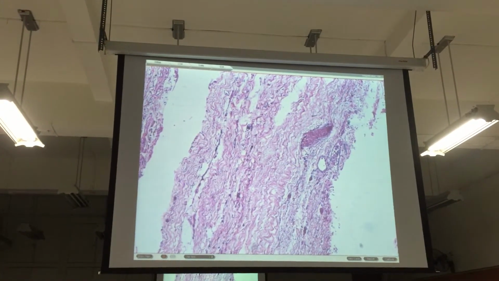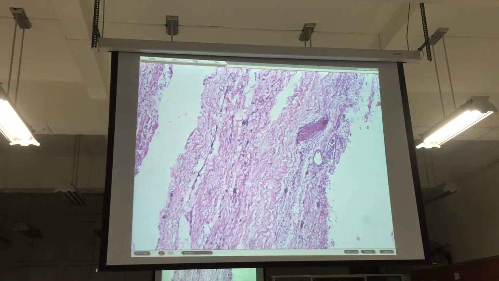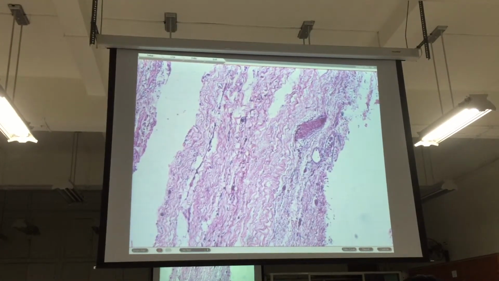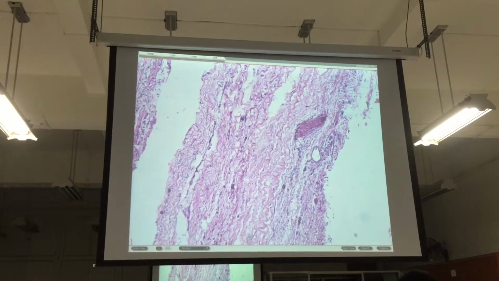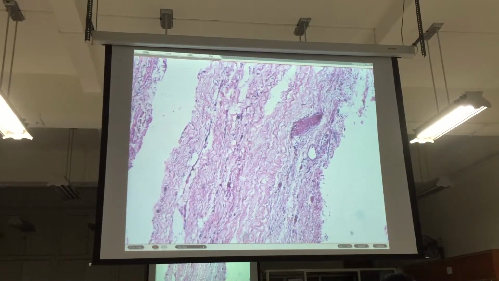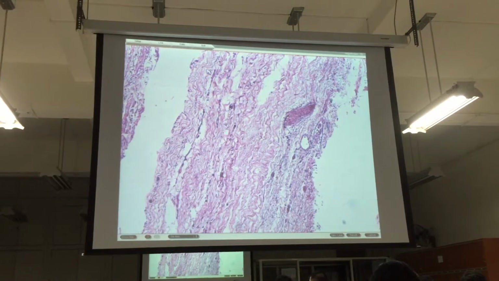Okay? But if you see neural tissues in teratoma, what will you call this now? Neural tissues. Because neural tissues is a sign of immaturity. Okay? You see that in embryology. Okay?